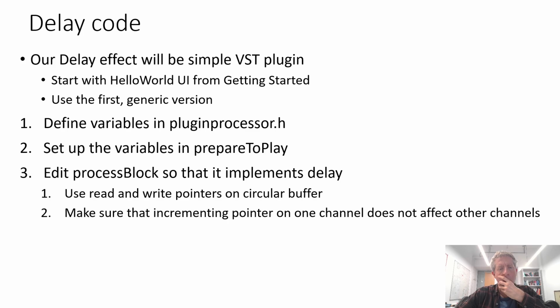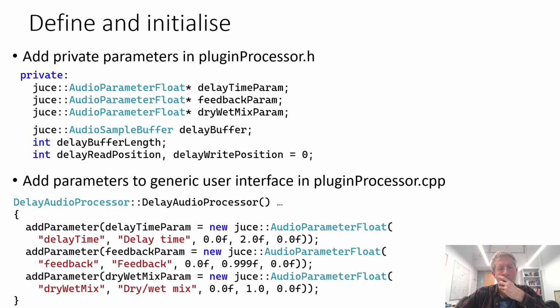So let's start first with the plugin processor header file. This is where one has to think beforehand, sketching things on the back of an envelope or a napkin and asking, what am I going to put on my user interface? What are the parameters that I'm going to need to always be modifying and keeping track of?